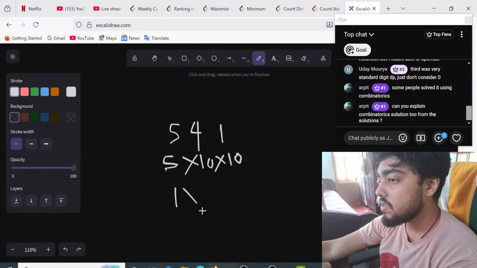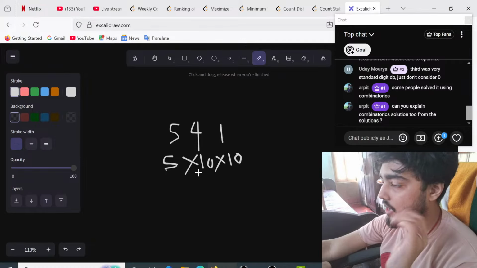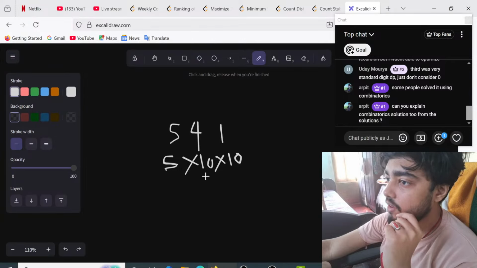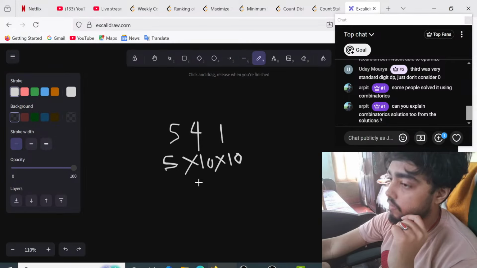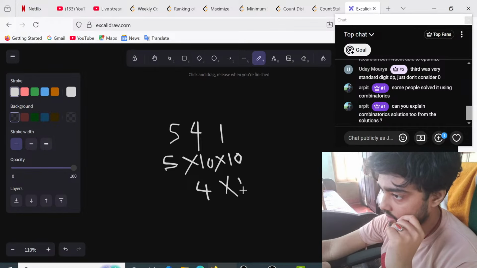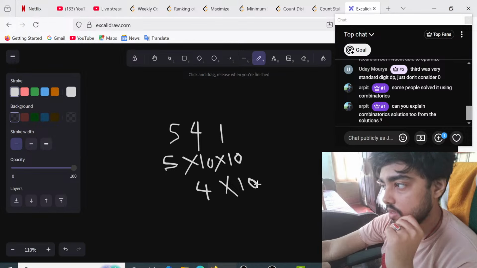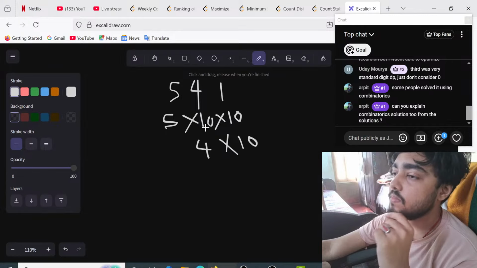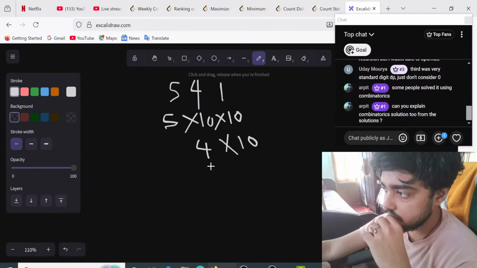So for this 4, we are going to take 4 elements and then into 10. Okay, 4 into 10, and 1 is remaining, and this is for 1.